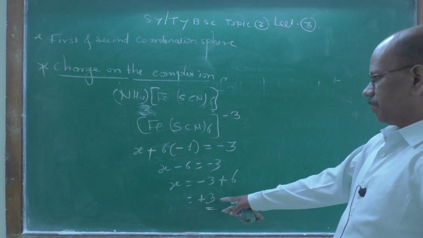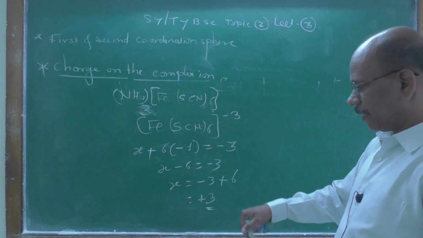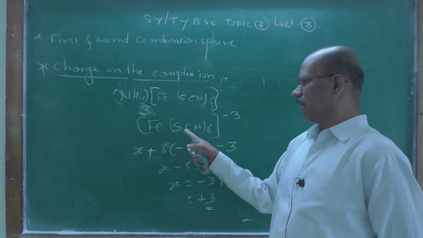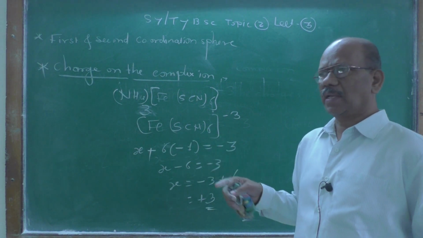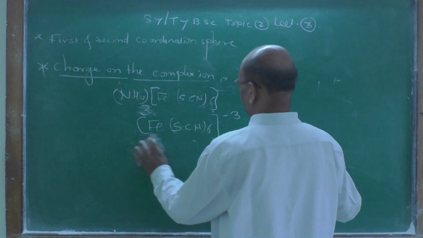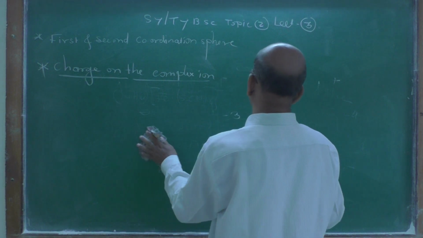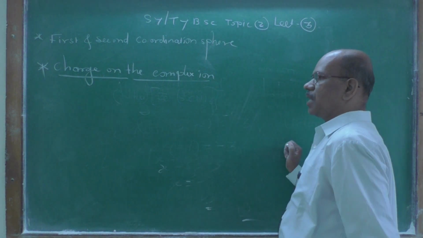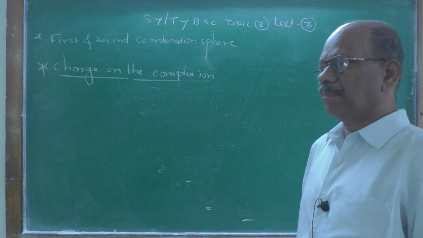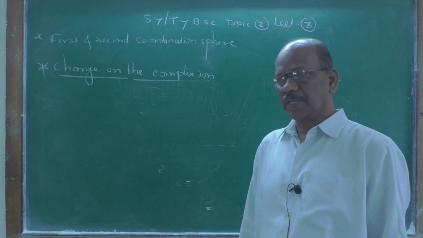So the charge on the complex ion is -3. How is it? It is +3 minus 6 is equal to -3. So in this way we can find out the charge on the complex ion, and it is a basic algebraic sum: the sum of the individual charges of metal plus ligands is always equal to the charge on the complex ion.